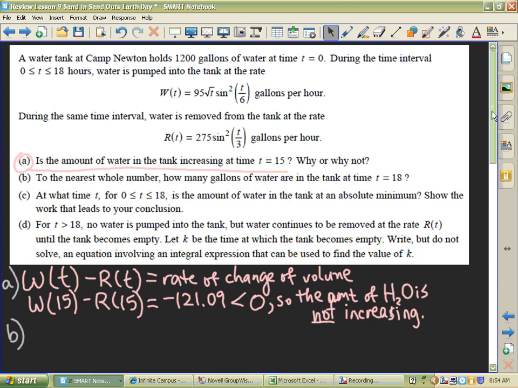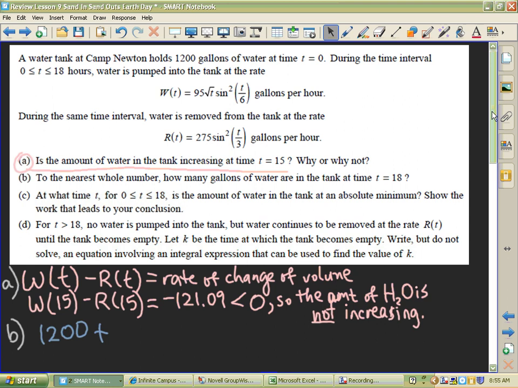Here's the part we really, really need. How much water is in the tank at 18? Well, I got 1,200 gallons at the start, and then I got to add all the water that goes in, and then subtract all the water that gets pumped away. How do I figure out how much water goes into the tank?